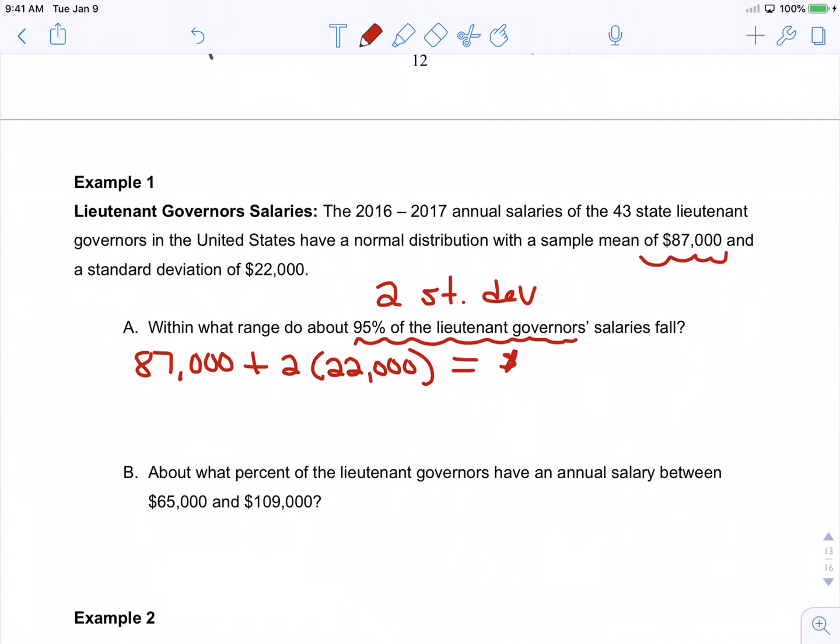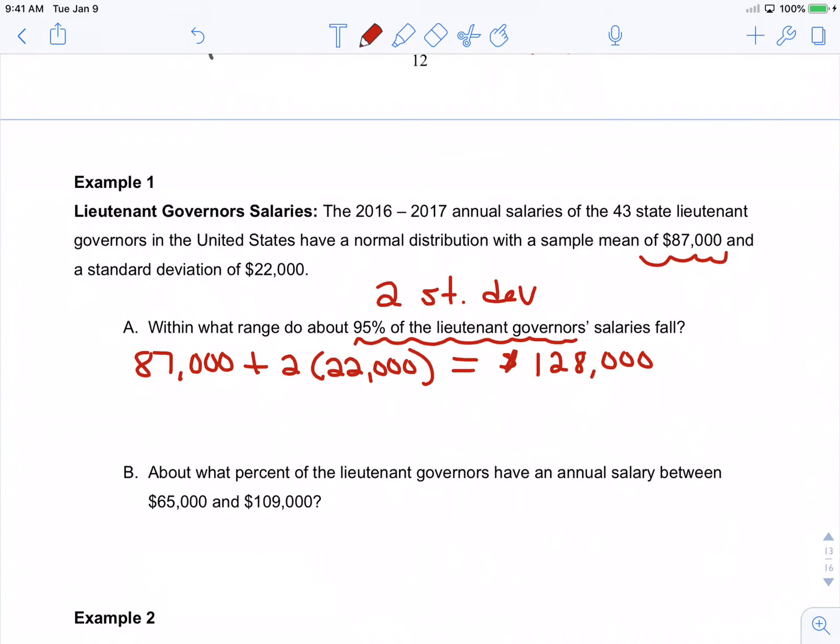Putting that in your calculator, remember these are dollar values. 2 times 22 is 44. We're looking at 44 and 87, so add 44 and 87 together, and we get 128,000. So that would be the highest value.